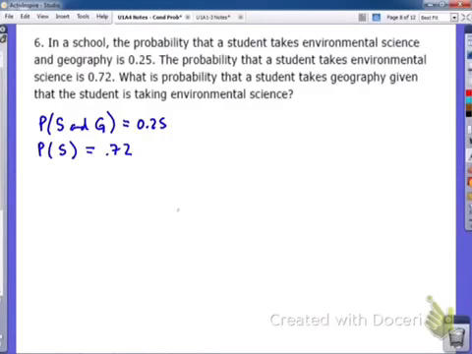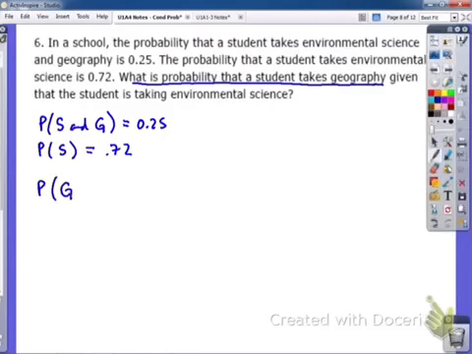The question is, what's the probability that a student takes geography given that the student is taking environmental science? So it's asking this. What is the probability that a student takes geography, and notice the key phrase here, given that.